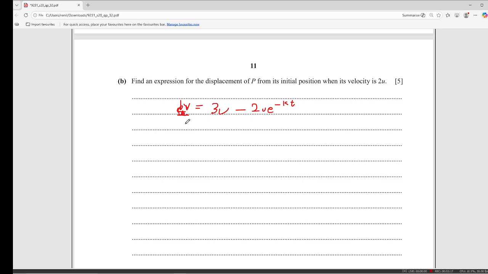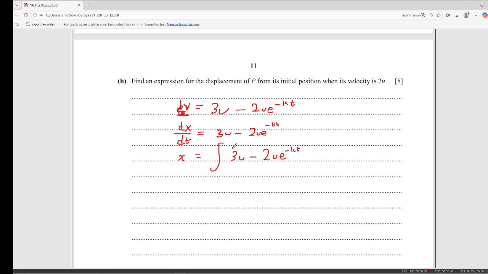So if I write this as dx over dt, that is basically 3u minus 2u e to the power negative kt. Now if I integrate this with respect to t, I get x equals the integral of 3u minus 2u e to the power negative kt.